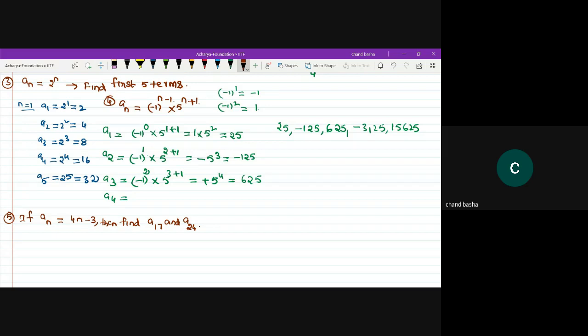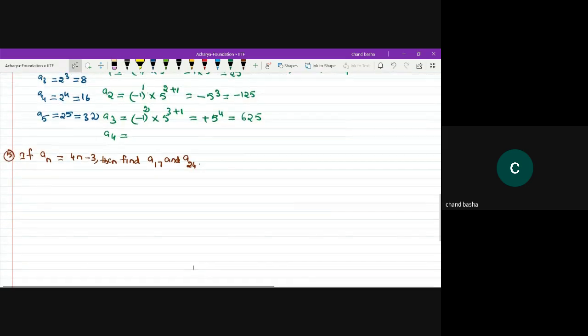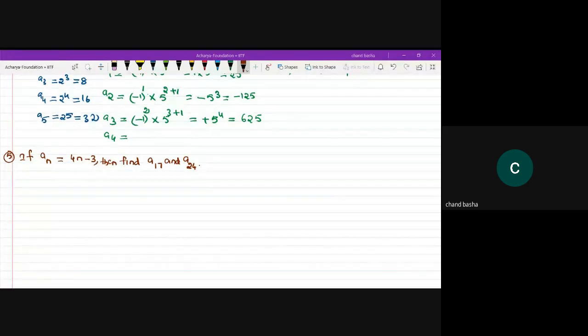These are the two values he's asking for in this question. One particular value he's asking. Yes, one particular value. Okay, very good.